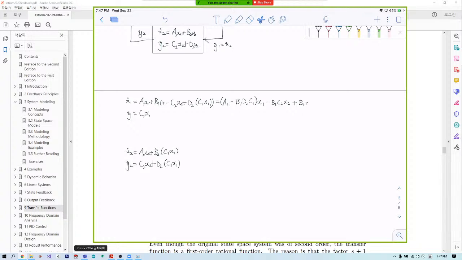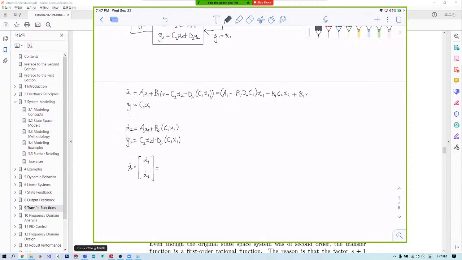So again, we have x dot equals x1 dot here and x2 dot there. And again, just copy and paste.